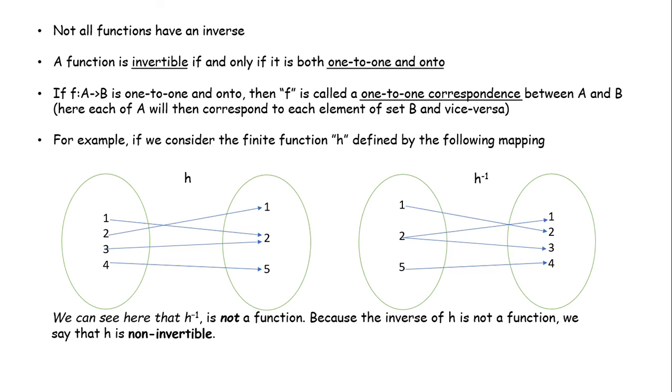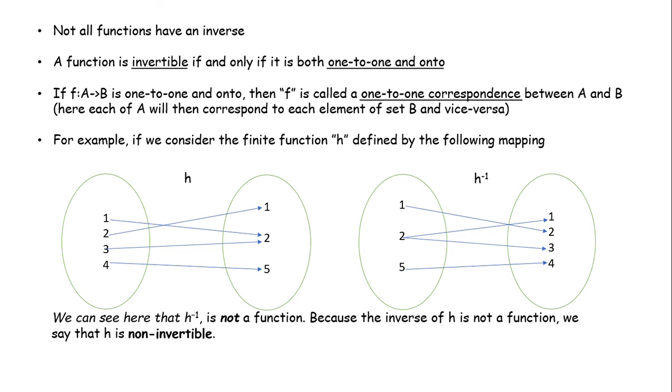So by this you can understand now that when I said that it is not possible that every function is invertible, this is what I meant by it. It is not necessary that when you reverse the mapping, you get a function only. It is possible that when the domain and codomain are reversed and the mapping is then reversed, the function that you achieve does not satisfy the criteria of a function.